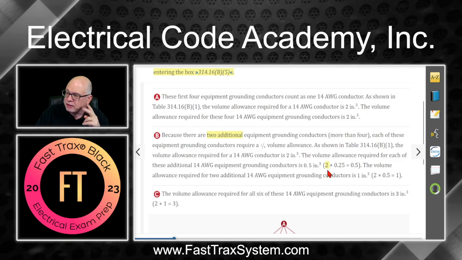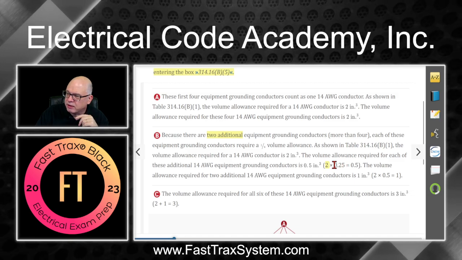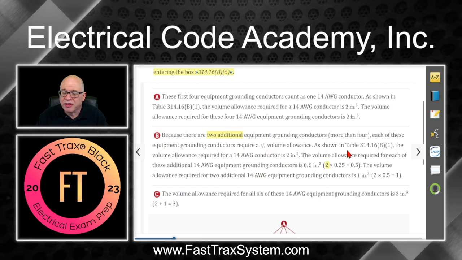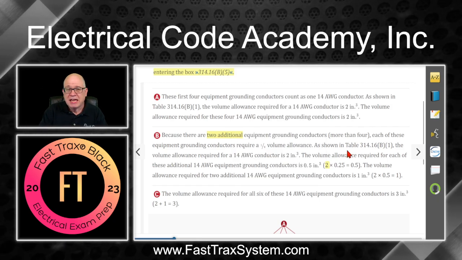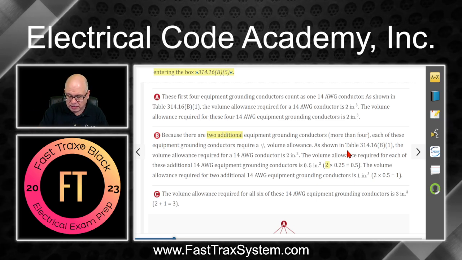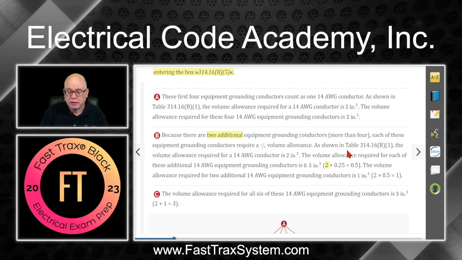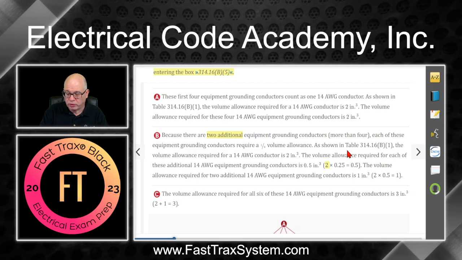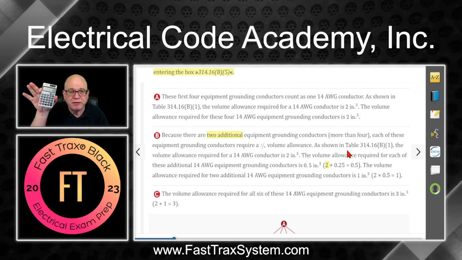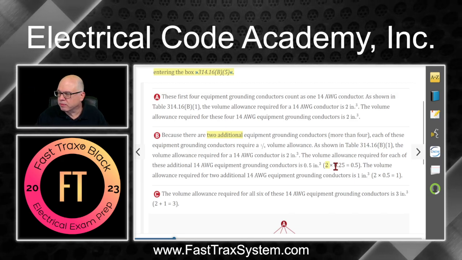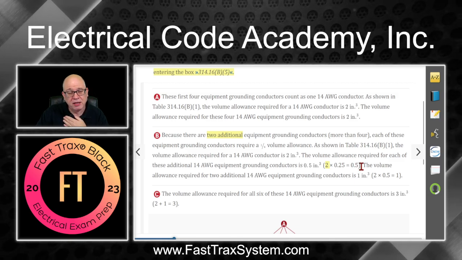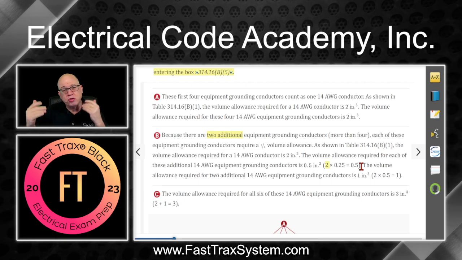So 2 times 0.25, and again, the 0.25 comes from us taking the 1 and dividing it by the 4. Another easier way to do this, in this case, is that you can take the volume. You know that the 2 is 2 cubic inches, so do 2.00 divided by 4, and that's going to be 0.5. So here you can see that 0.5 is a quarter of 2 cubic inches.